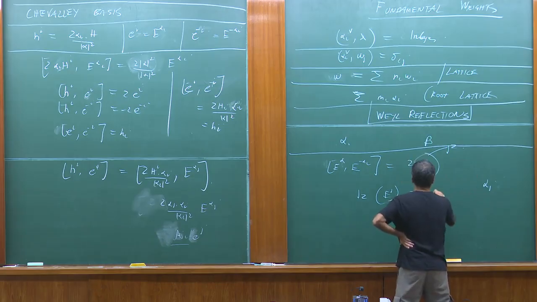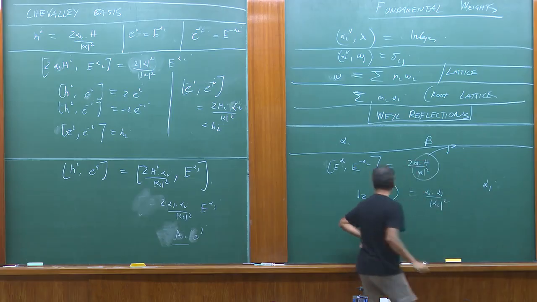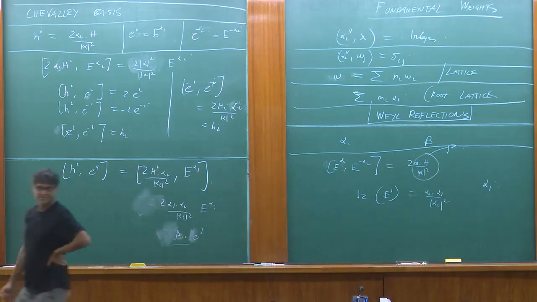alpha_i dot alpha_j divided by mod alpha_i squared. Is that clear?